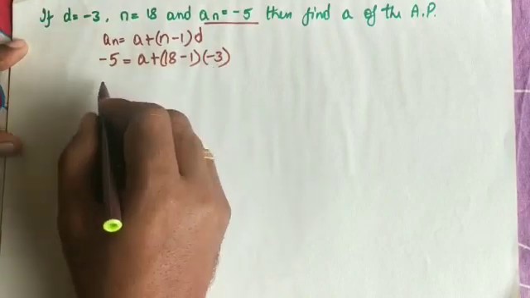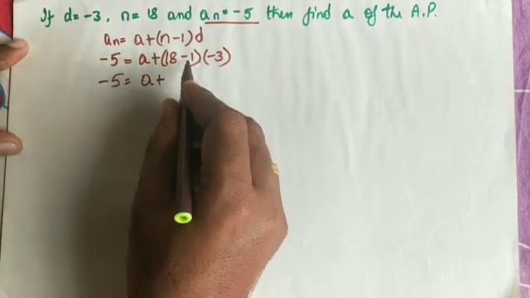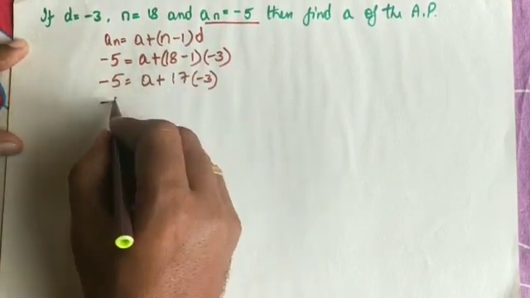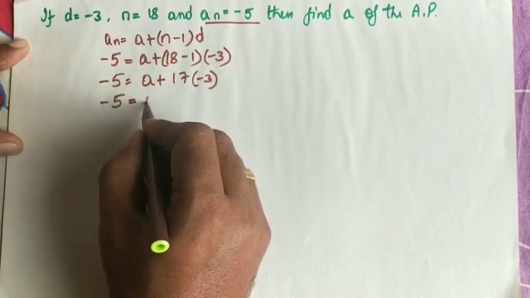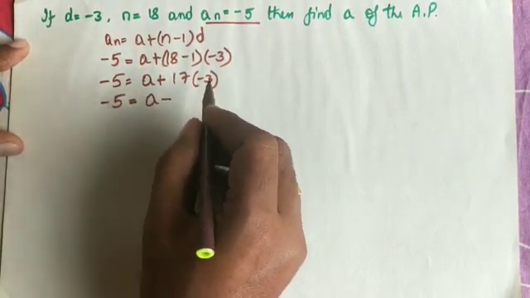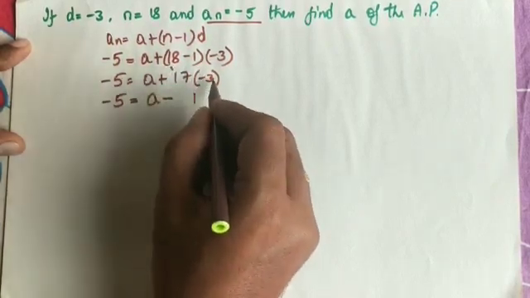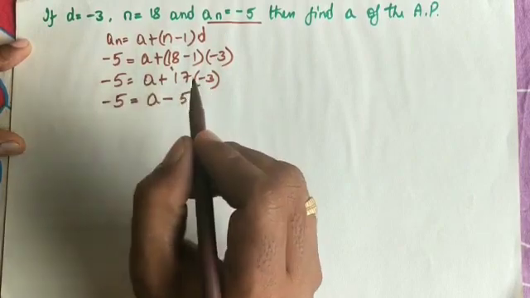So minus 5 is equal to a plus 18 minus 1, which is 17, into minus 3. So minus 5 is equal to a minus 51, since 17 times 3 is 51.